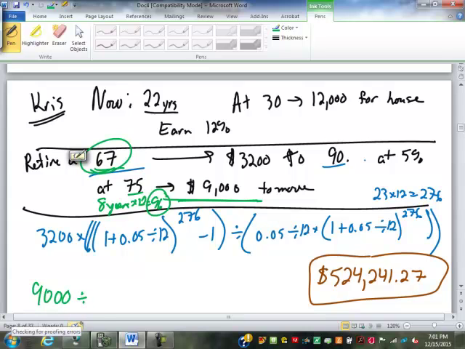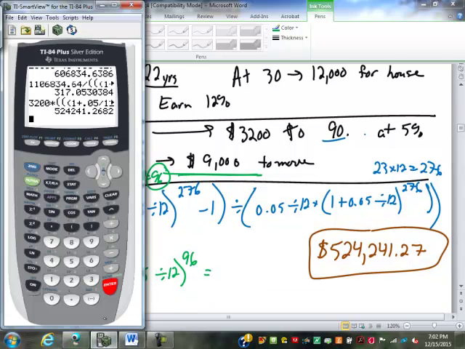We need less than 9,000 because it's going to sit there for 8 years and grow. So divided by 1 plus 0.05 divided by 12 to the power of 96 months. So 9,000 divided by 1 plus 0.05 divided by 12 to the power 96.